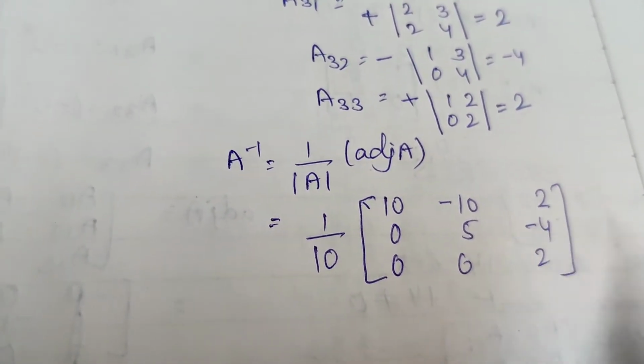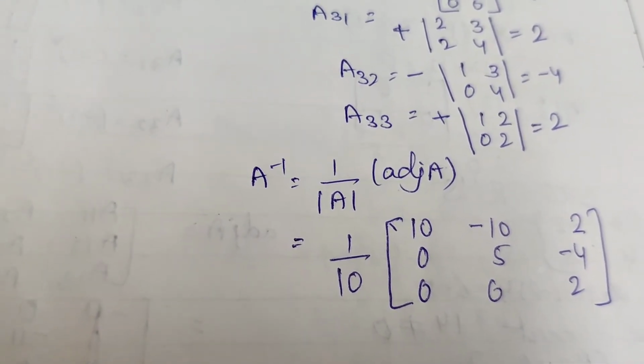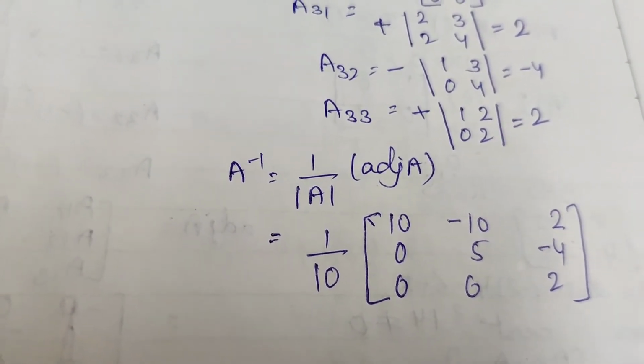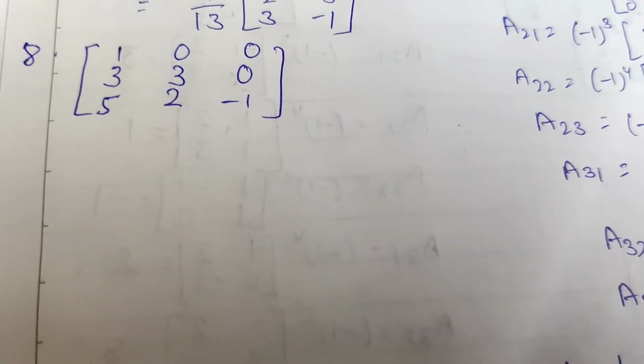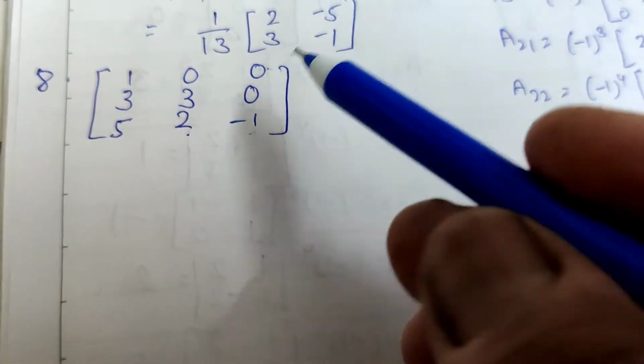This is the A inverse. Okay. Next one. This is the matrix 1 3 5, 0 3 2, 0 0 minus 1.